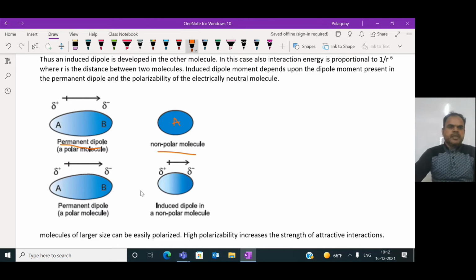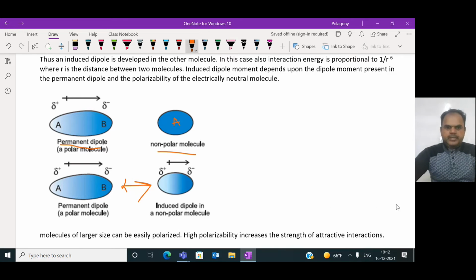The permanent dipole will distort the electronic system of the non-polar molecule, so this molecule is also polarized. Once it is polarized, an attraction force operates between them. That attraction force between the permanent dipole molecule and the non-polar molecule is called the dipole and induced dipole attraction force.